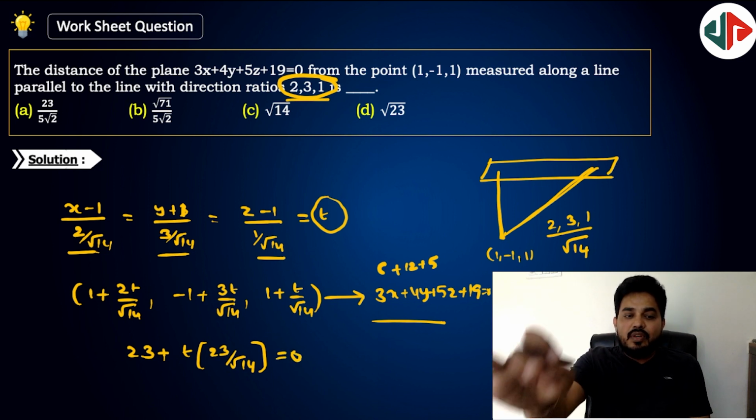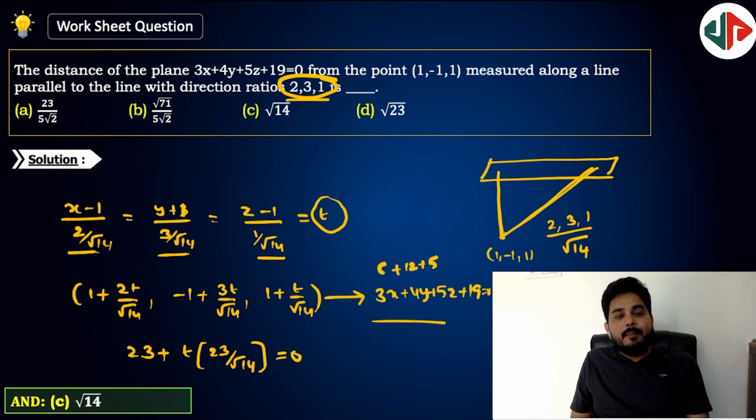So |t| is equal to √14. t will be negative here, but you can take plus or minus. So the distance will be equal to that value.